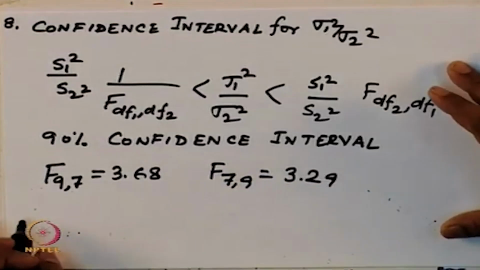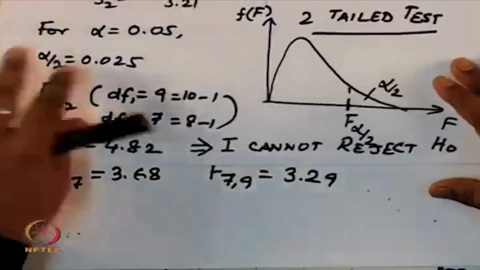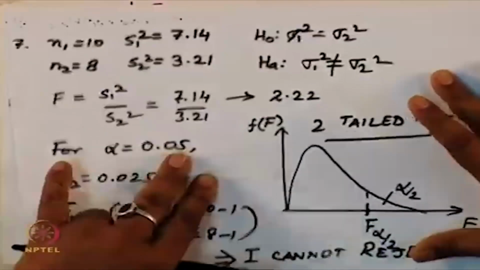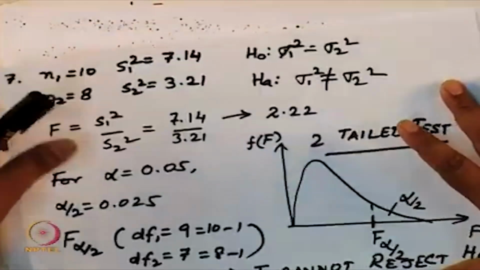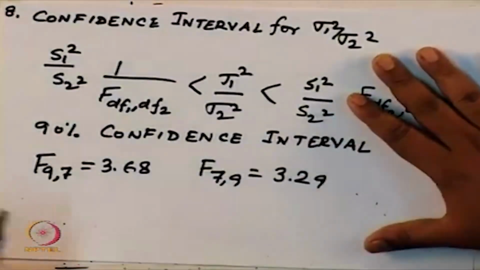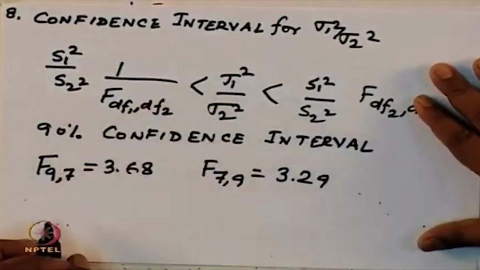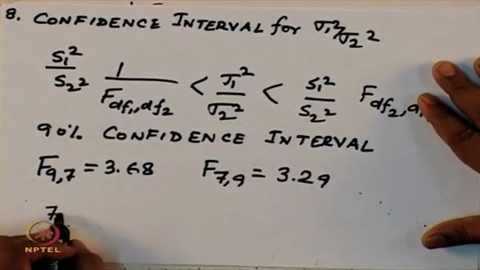So, in this case you had S1 square 7.14 and S2 square 3.21, right. That is why you got df1 is 9 and df2 is 7. So, for this particular case you can calculate the lower and upper bounds of sigma 1 square by sigma 2 square as 7.14.